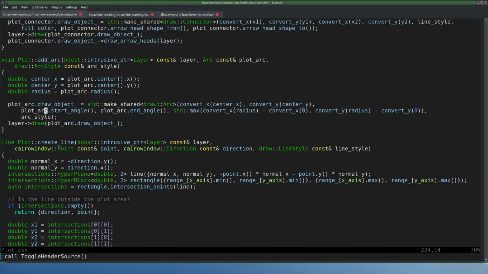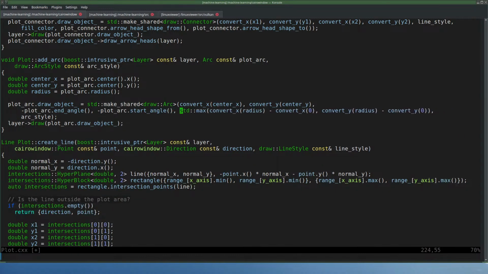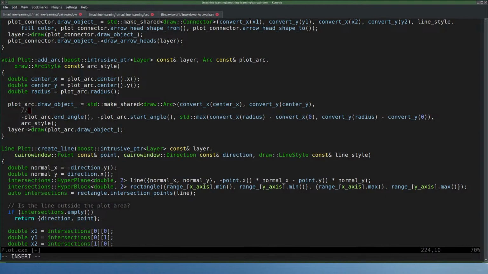So I should do the conversion here, but I don't have a function with that. I'm just going to do it like this. And then add a comment here.